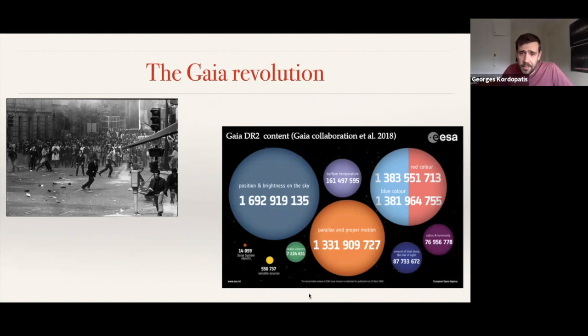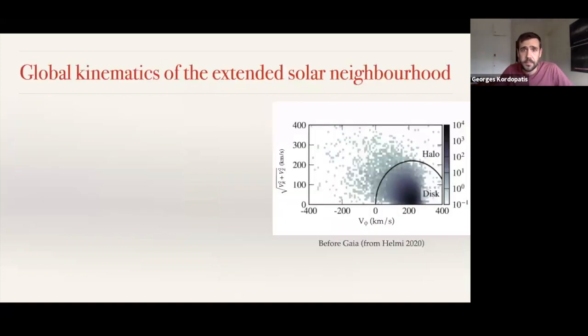So the second data release has published an extremely important wealth of information for us that has allowed us to push forward our knowledge of the Milky Way formation. So here was the situation a bit before Gaia. Here I will be talking about the global kinematics and the extended solar neighborhood in a radius of roughly 2 kiloparsecs around the sun.